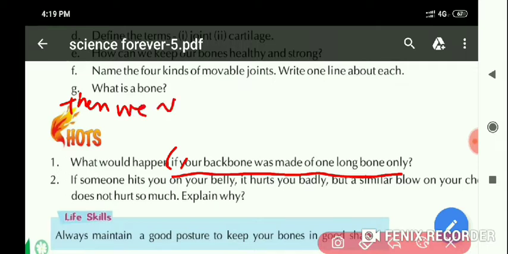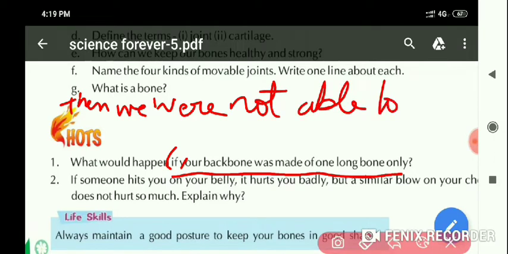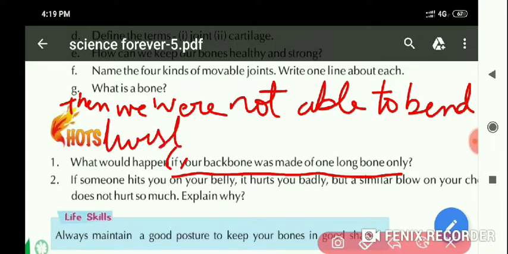After this you have to write down, then we were not able to bend, B-E-N-D, bend, T-W-I-S-T, twist and turn.